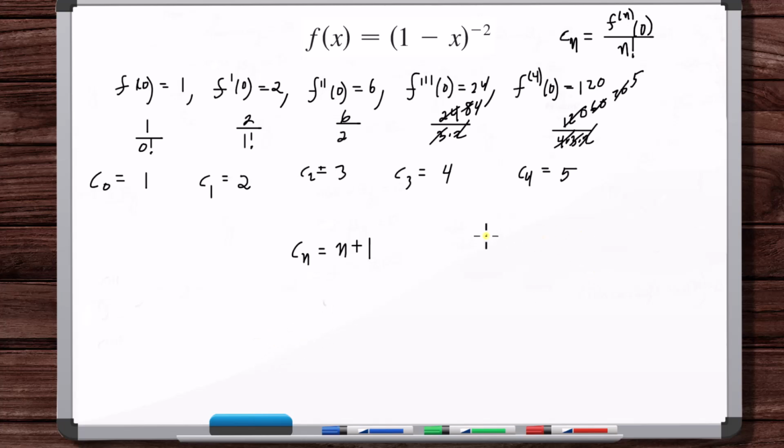That means that f of x, it's not equal to, but its Maclaurin series representation is the sum of n plus 1 times x to the n.